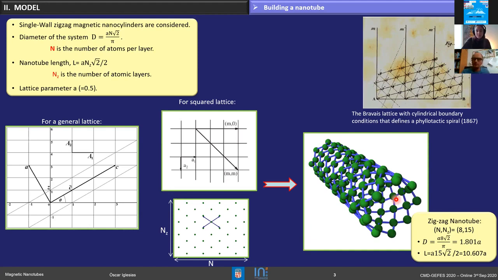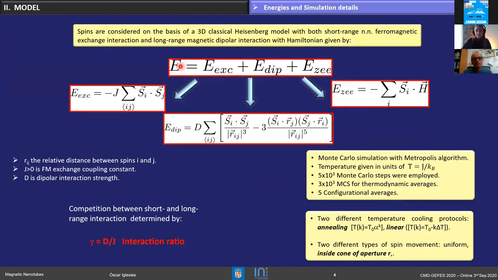Why zigzag nanotubes? This would lead us to another topic of the talk, but let me tell you that rolling the tubes in different directions would also give rise to different configurations. So the basis of the study are here. I'm not going to enter into details, only tell you that these will be results of Monte Carlo simulations on an atomistic model of the nanotube, in which the S's represent the spins sitting at the lattice nodes, and there will be two competing interactions: mainly the exchange interaction, which is short range, and then the dipole interaction between spins.